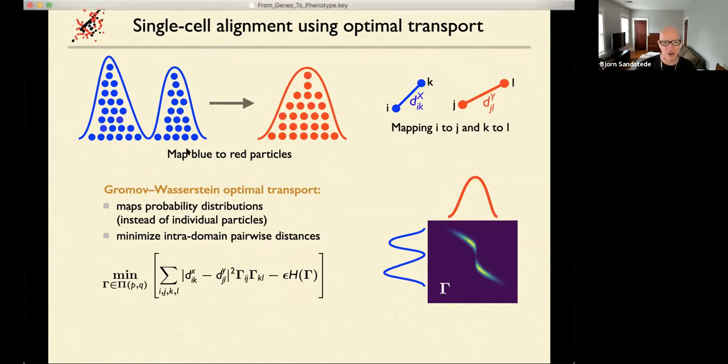So you can imagine that you have this sand pile of blue particles, and you want to somehow map these blue particles onto the red particles in such a way that you minimize work, and work meaning that if you take 2 particles in the blue sand pile, you move them over to the red particles, then the distances should be as close to each other as you can. So if you have a certain distance between the blue particles, you want to map them onto red particles that have approximately the same distance.